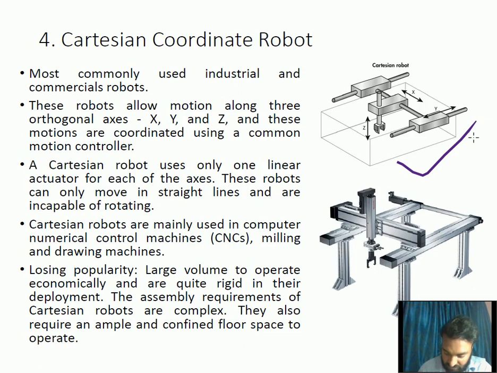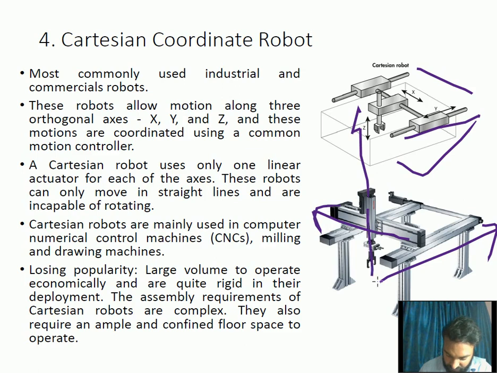So here you see the y-axis, the x-axis, and vertical is the z-axis. Along this is y, along this is x, and on the x-axis there is again the z-axis. So this way, xyz.